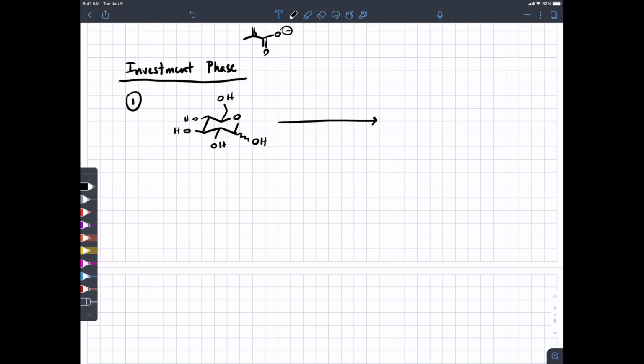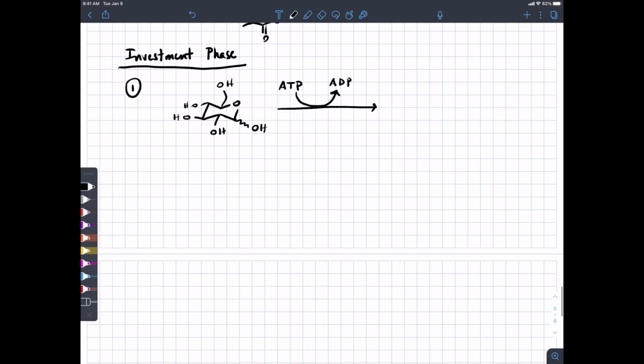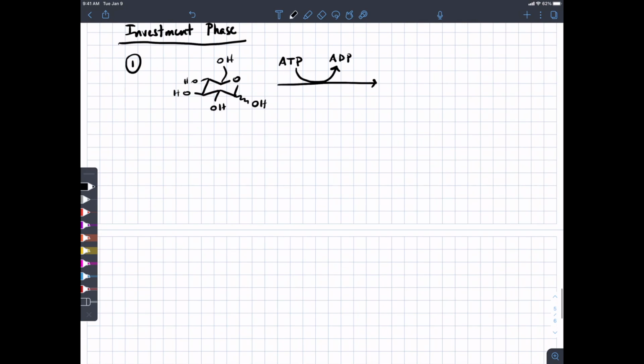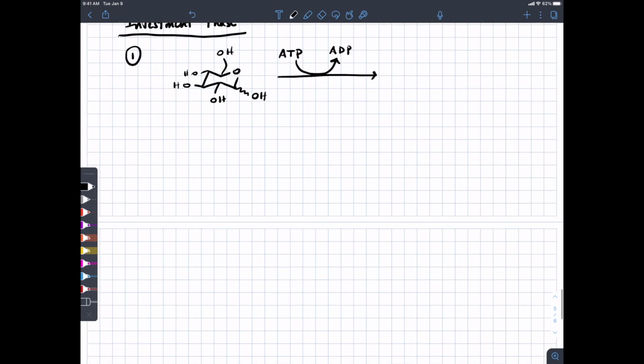The process here is going to be alcohol phosphorylation, which you saw earlier when we phosphorylated glycerol after hydrolyzing triglyceride.